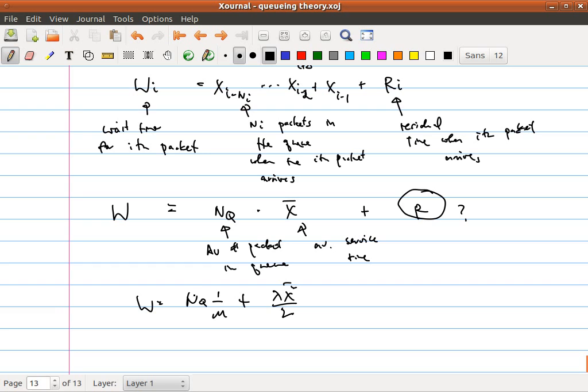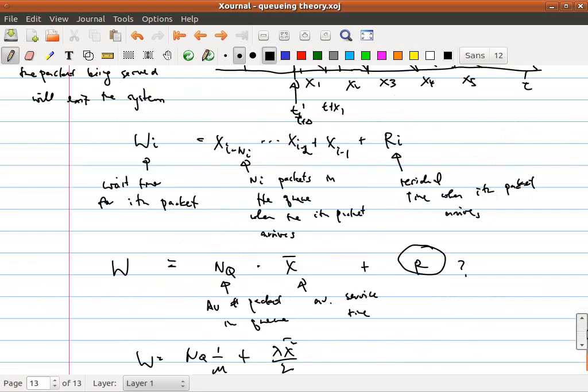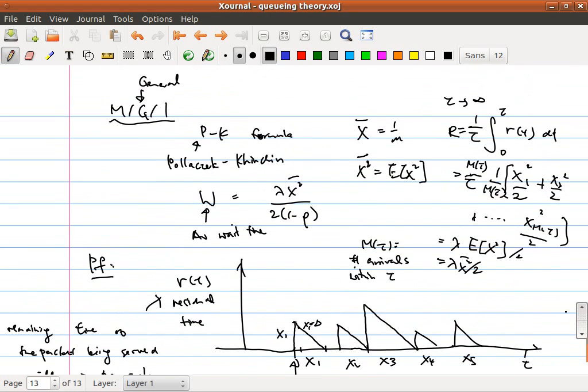By Little's theorem, NQ should be just equal to lambda W. So therefore we have W equals lambda W over mu plus lambda x bar squared over 2. And lambda over mu is just equal to rho. Therefore we have (1 minus rho) W equal to lambda x bar squared over 2. And we put this down, then we have the result.